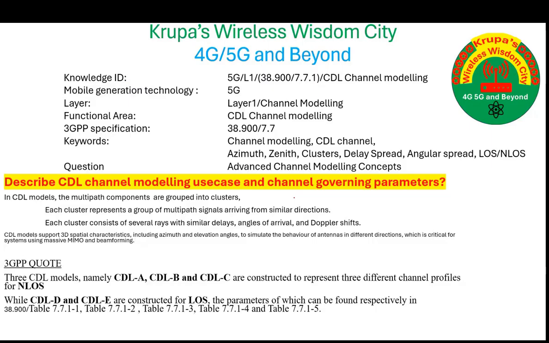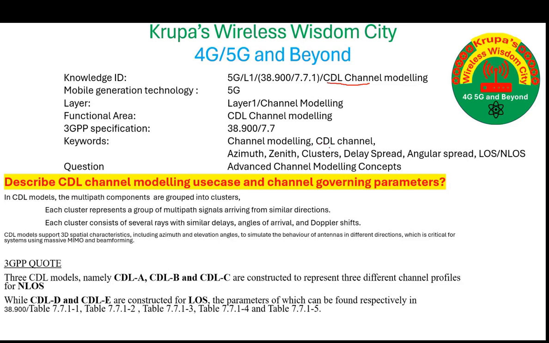Today we will be covering CDL channel modeling. It comes under layer 1 and 3GPP specification 38.900, chapter 7.7, and the keyword is channel modeling. Under channel modeling we have multiple channel models.